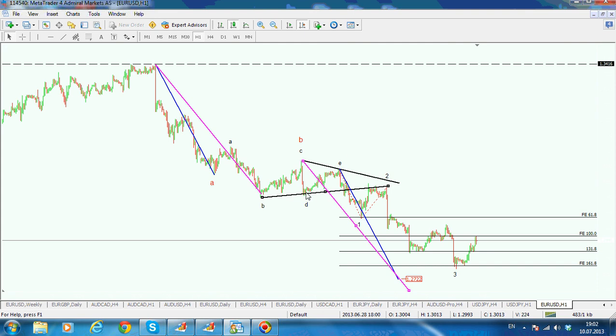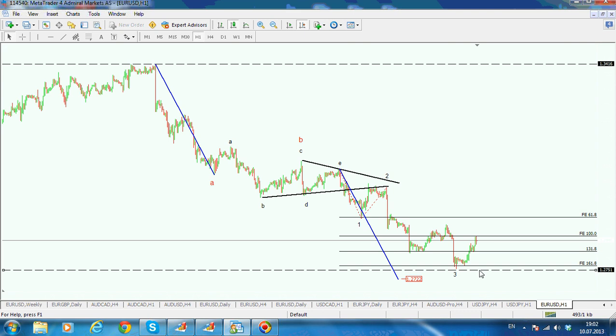So I would consider most likely the first scenario. Basically, a new low for the euro dollar will not be out of the question. So take into consideration that this is the 127.50 area, so 127.22 a possible new low for the euro dollar. Now what would this mean for the other pairs?